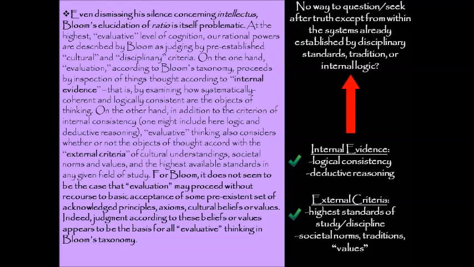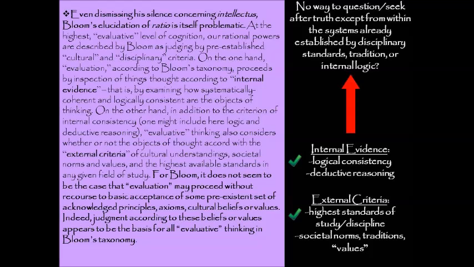Even dismissing his silence concerning intellectus, Bloom's elucidation of ratio is itself problematic. At the highest level, the evaluative level of cognition, our rational powers are described by Bloom as judging by pre-established cultural and disciplinary criteria. On the one hand, evaluation, according to Bloom's taxonomy, proceeds by inspection of things thought according to internal evidence.